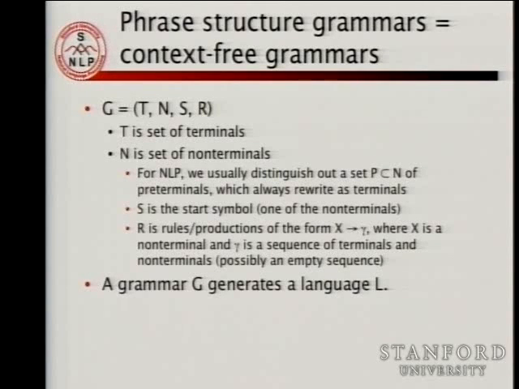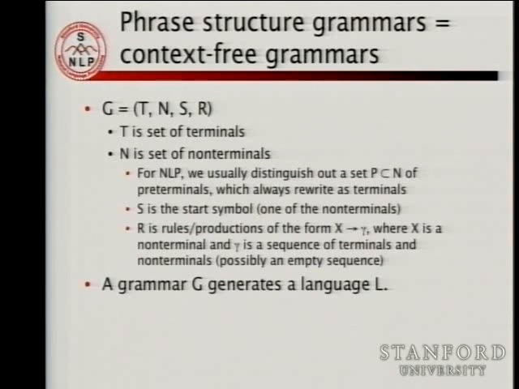I will mention only one qualification on that. In practice, for the way natural language grammars are written, because of the way natural languages are, people always make a very clear distinction that isn't in the traditional CFG formalism between pre-terminals, which are categories that rewrite as actual words, versus the higher level structural units.